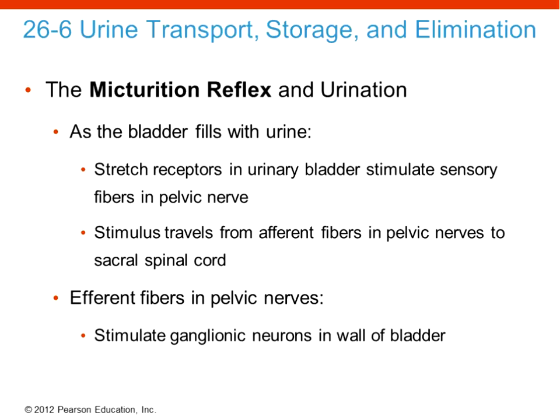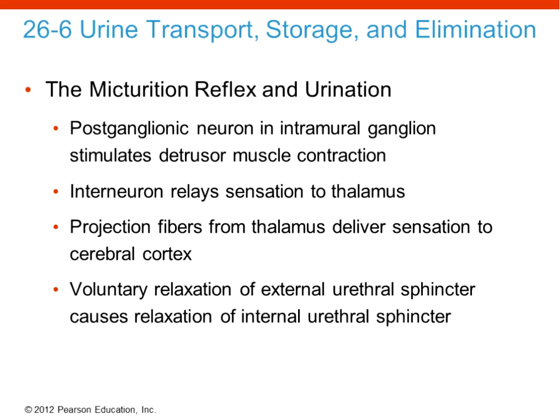Now, one of the last things we want to look at here is the micturition reflex, or urination, right? And basically, it's a stretch reflex. Just like we've seen other types of reflexes, as the bladder fills with urine, obviously the bladder is going to be distended, right? The transitional epithelium can spread out. The stretch receptors in the urinary bladder then basically send signals into the brain and allow for this contraction to occur.